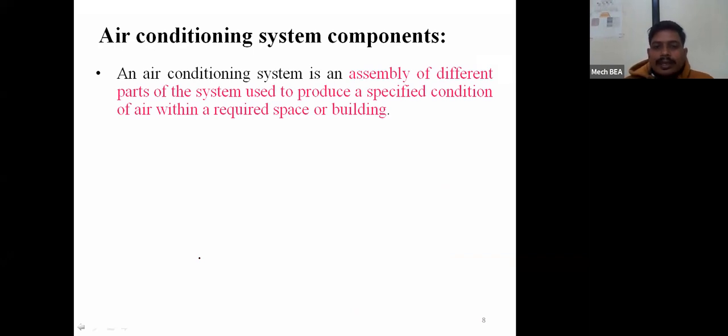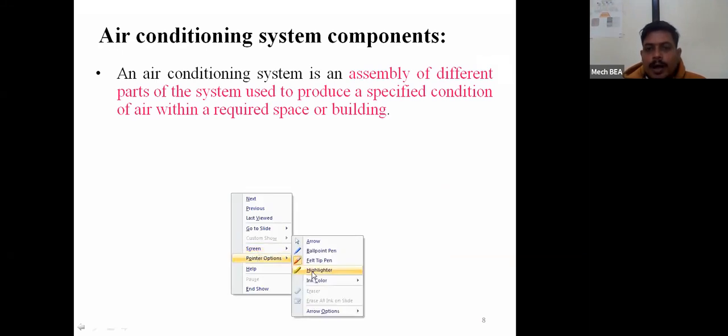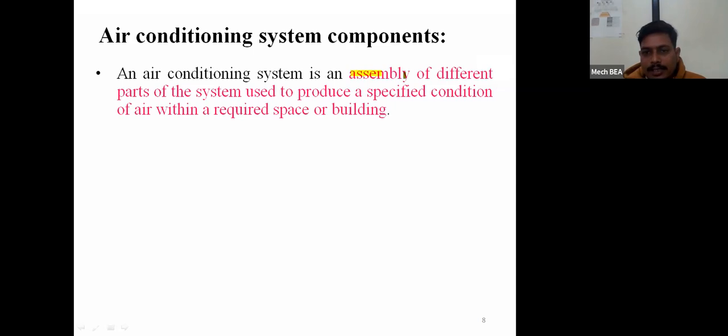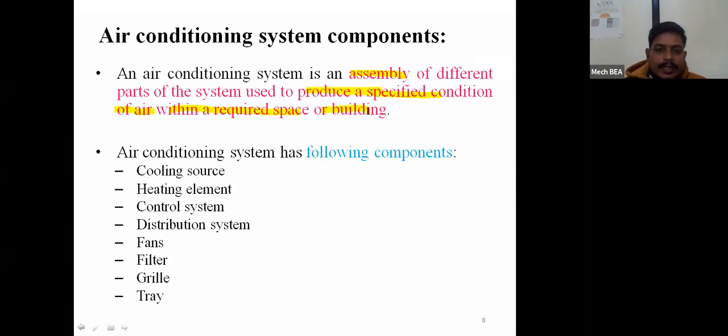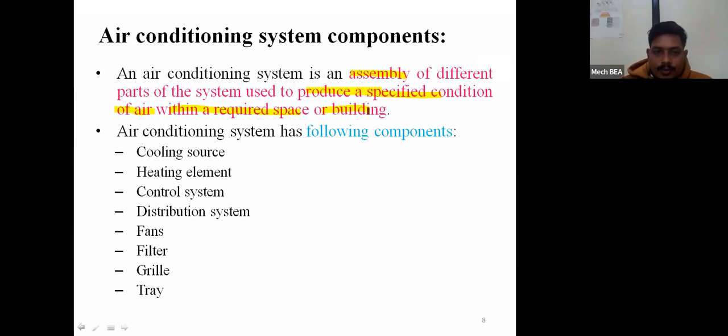Any air conditioning system consists of a number of mechanical parts assembled with each other to produce the specified condition of air, that means the desirable internal atmospheric condition within the required space or building. The various mechanical components assembled inside the air conditioning system are, first, the cooling source.